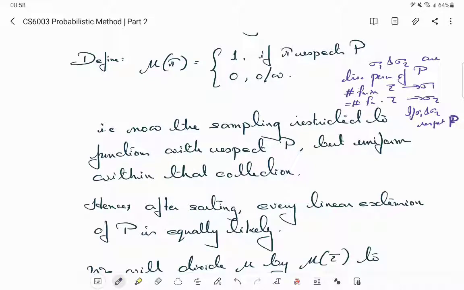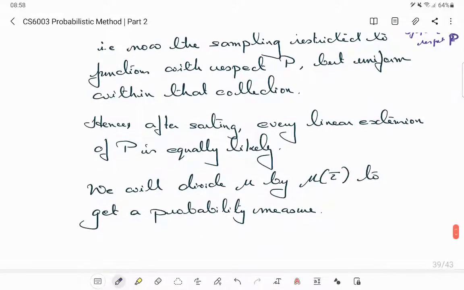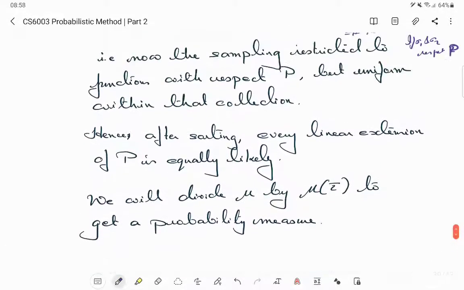Either you can restrict your domain to those functions which respect p, or you can impose a probability measure mu, which we will later scale to be a probability measure. We will divide mu by mu of tau to get a probability measure. Under this measure, it's equivalent to picking a linear extension of p uniformly at random. So that's the moral of this story.